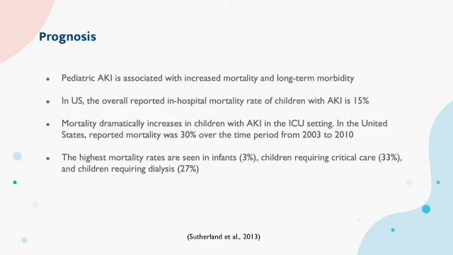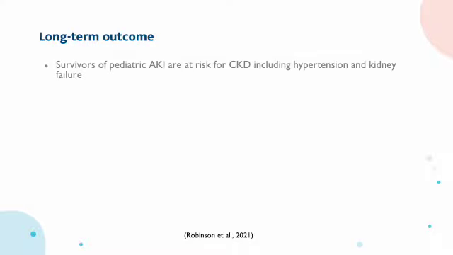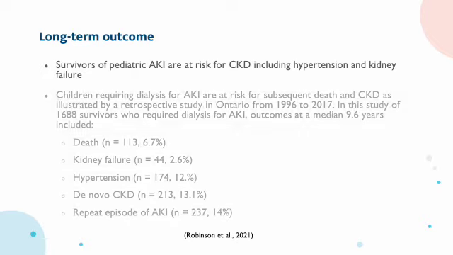The highest mortality rates are seen in infants, with 3%, children requiring critical care 33%, and children requiring dialysis 27%. Observational studies reported that survivors of pediatric AKI are at risk for CKD including hypertension and kidney failure.